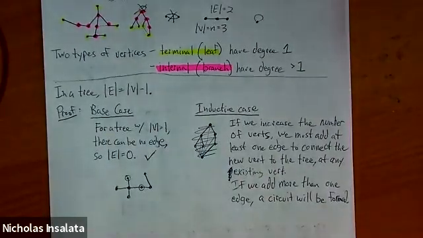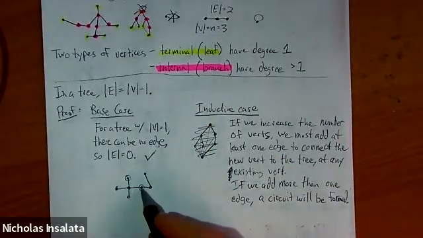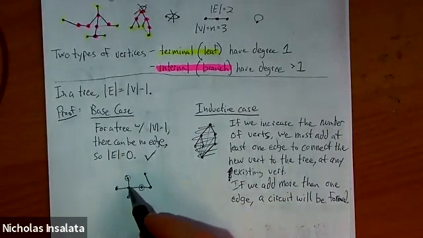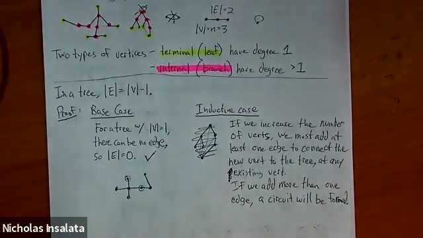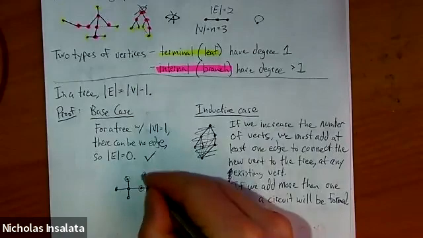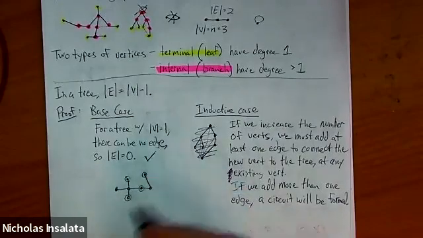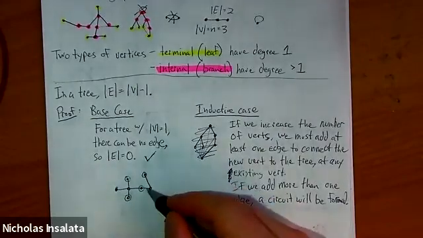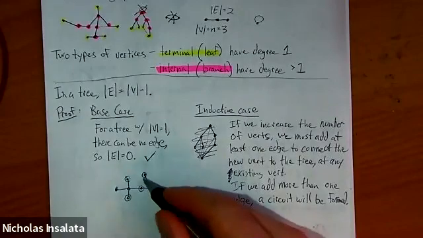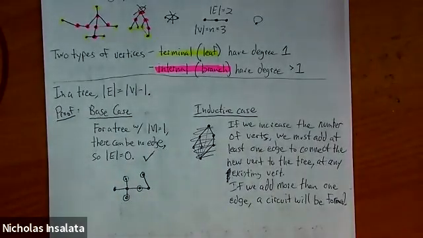There's a walk to get between these two. You go that way and that way. And you can do that for any pair, between this one and this one. You go boom, boom, boom, boom, these four. Because the graph is connected, there exists a walk between every pair of vertices.